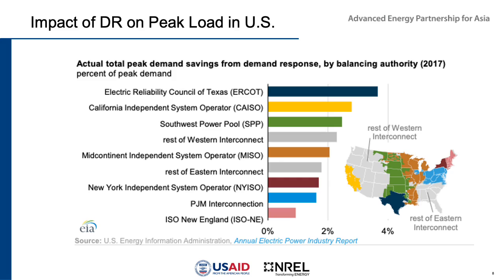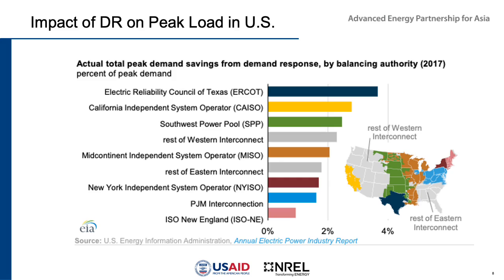It should also be noted that these are currently the levels of savings that are enabled, but much larger amounts could be achieved if additional policy measures are taken to make demand response more beneficial.